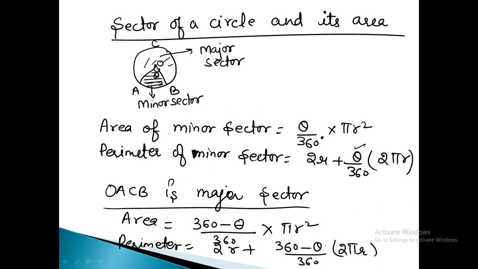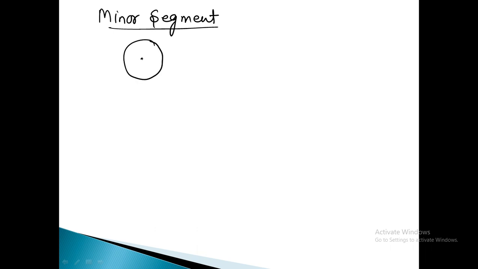Now next, the minor segment. What do you mean by a minor segment? The region which is enclosed by an arc and a chord is called a segment of the circle. The region enclosed by the chord, here in this diagram you can see this is the center point.